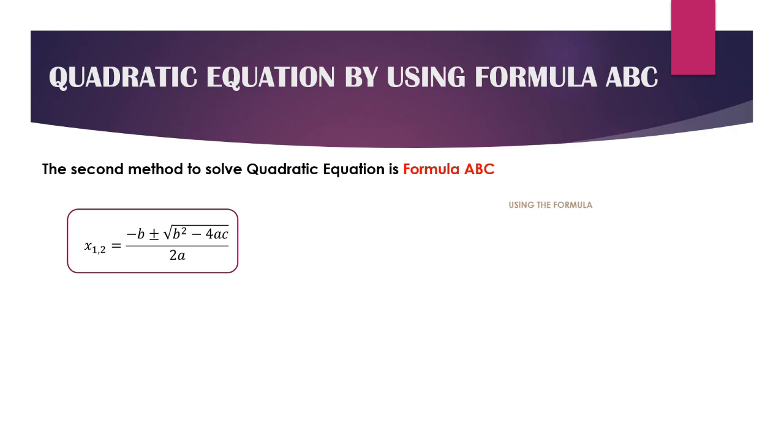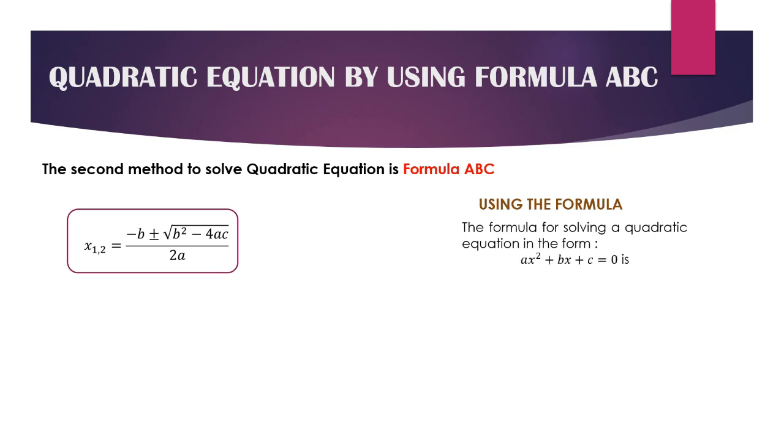So what are the tips and tricks for using the formula ABC? The formula for solving a quadratic equation in the form ax squared plus bx plus c equals 0 is x1,2 equals minus b plus minus root of b squared minus 4ac over 2a.